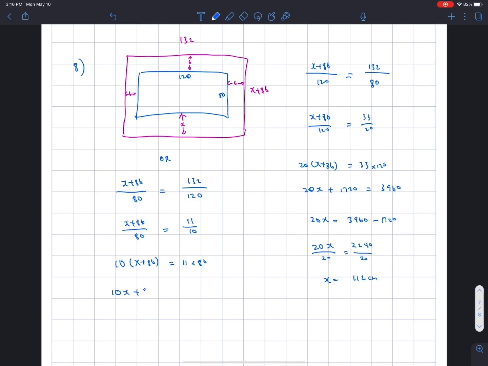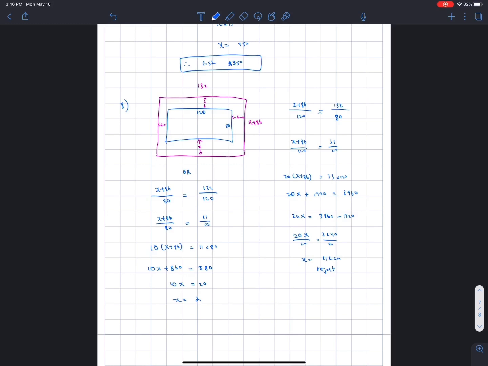We get 10x plus 860 equals 880. So 10x equals 20 and x equals 2. Yeah, this is a more reasonable answer. I'm going to reject the other one. The margin is too big in that case. So a margin of 2 would make a lot more sense. Okay, so therefore the margin at the bottom is 2 centimeters.